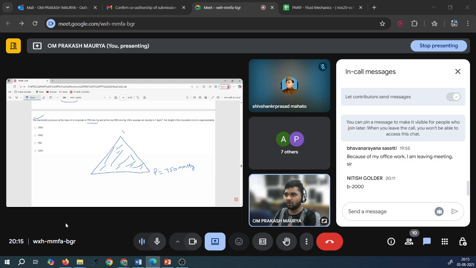Here at the top, let me write B for bottom and T for top, 600 mm Hg, and air density is given, 1 kg per meter cube. So you have to find out the height of your mountain, H. So this is the question.